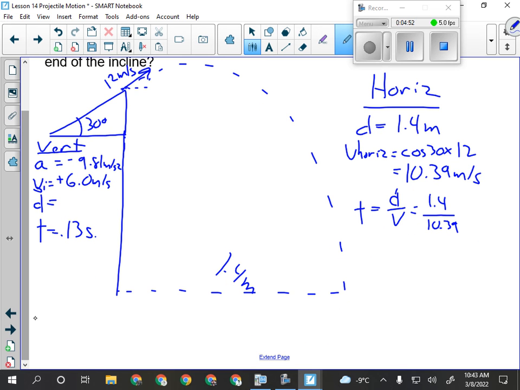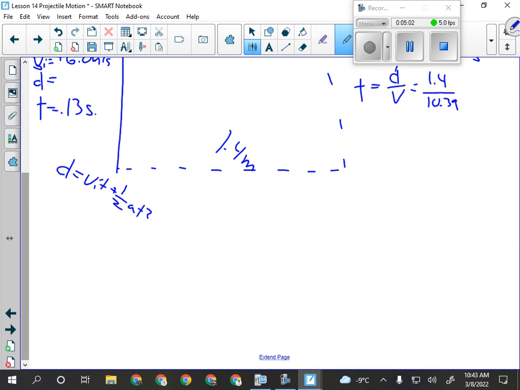So I'm looking for D. I've got T, A, and VI. So I'm going to do this. D equals VI times T plus 1/2 AT squared. And I don't have to manipulate anything, I just need to plug in. So 6 times 0.13 plus 1/2 times negative 9.81 times 0.13 squared.